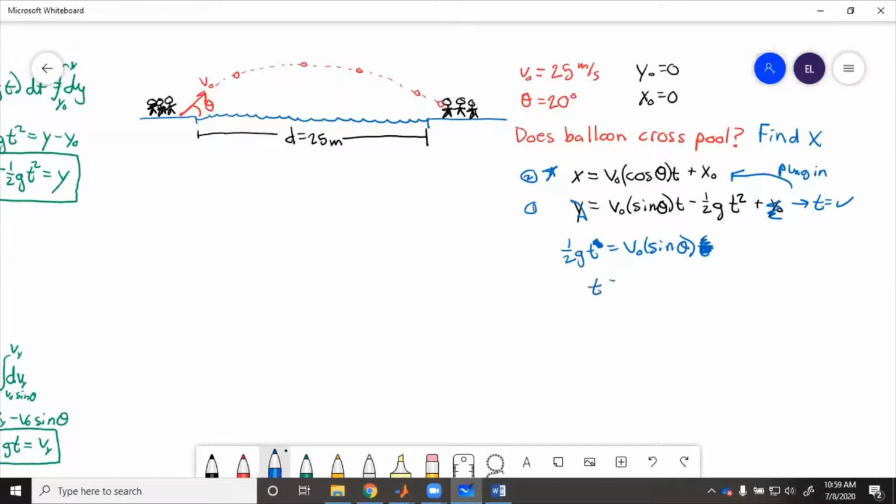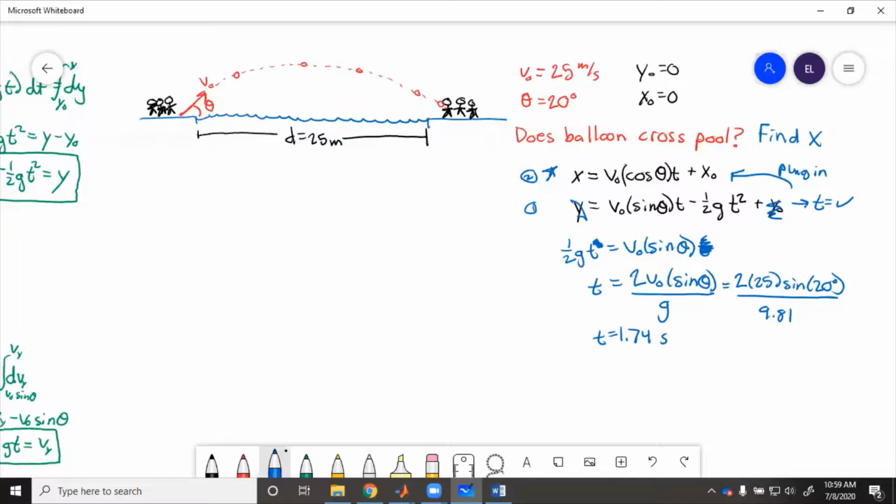Then we know t equals 2 v initial sine theta over g. So that should be 2 times 25 sine of 20 degrees over 9.81. T equals 1.74 seconds.